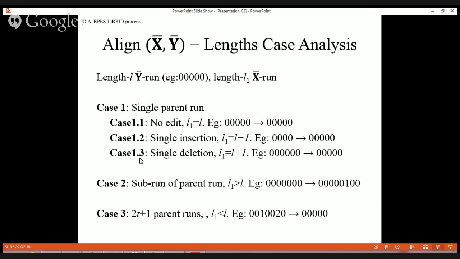Similarly, case 1.3 and case 2 can also be ambiguous, and by a similar method, we can show that by tracking no more than 4 symbols in both sequences, the probability of still not being able to distinguish case 1.3 and case 2 can also be upper bounded by 1 over A squared, where A is the alphabet size.